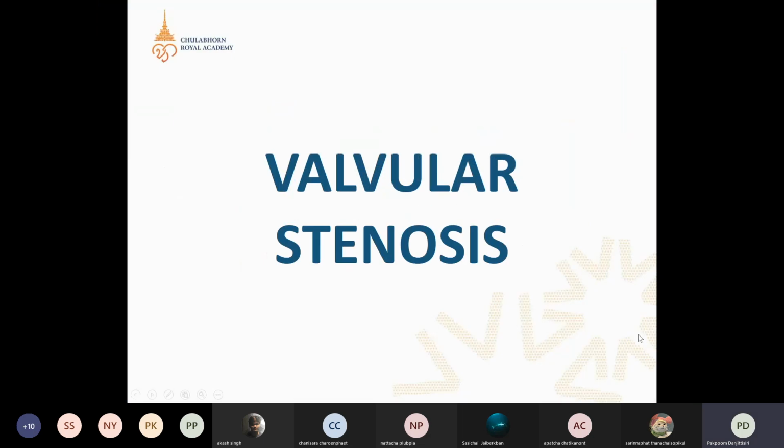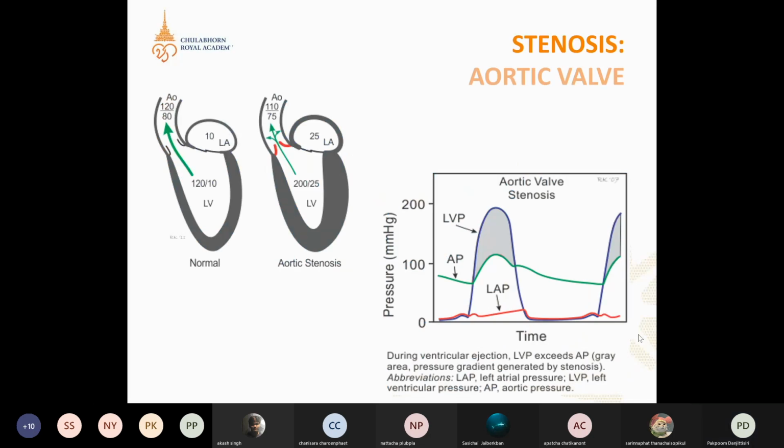Okay, well, let's go to valvular stenosis. The stenotic valve means that there is something obstructing the valve, or obstructing the way from one chamber to another chamber, right?